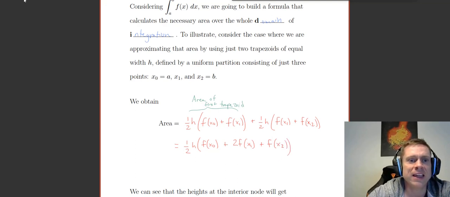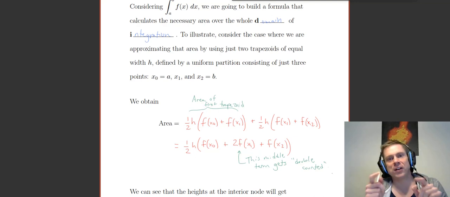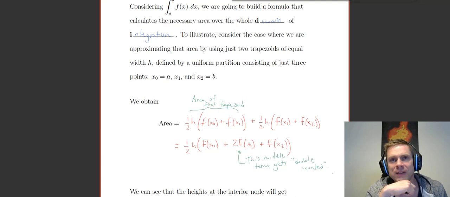And the key here that I want you to notice is that this middle term gets double counted, because it's involved in the calculations for two different trapezoids. And so we have to consider that in our formula, right?